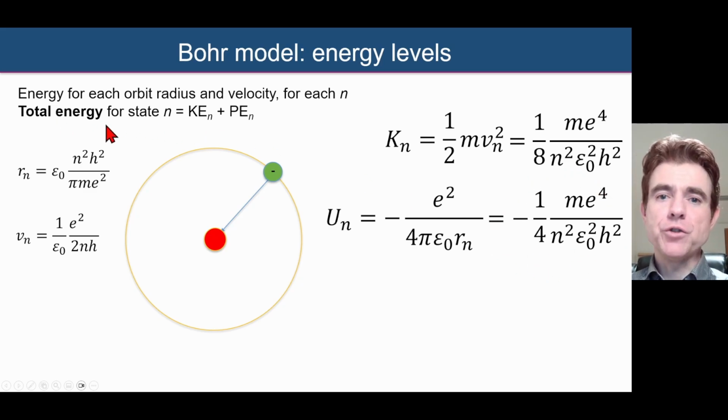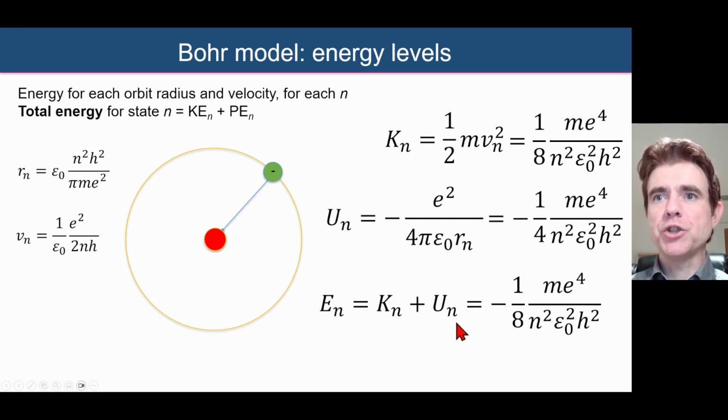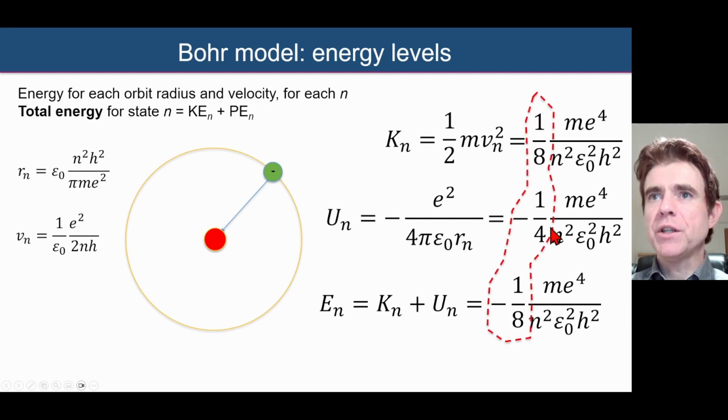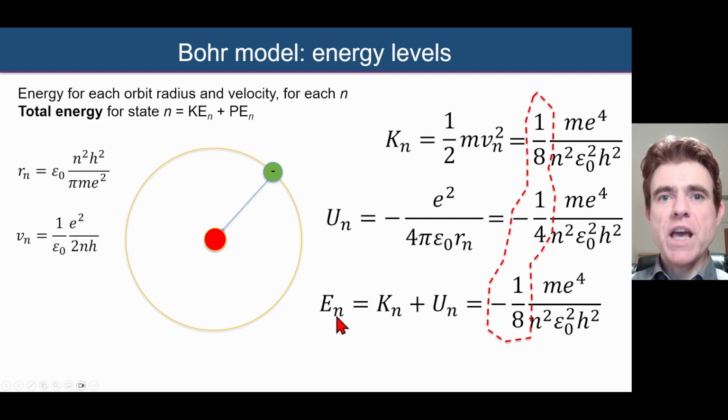Then we can find the total energy for energy level n of the atom, or in particular, really, of the electron. So there's the total energy, and we can see very easily that these terms on the right-hand side are identical. Therefore, it's plus 1/8 minus 1/4, which gives us minus 1/8 of that term as the energy of energy state n, where again n is the integer, with n squared in the denominator.